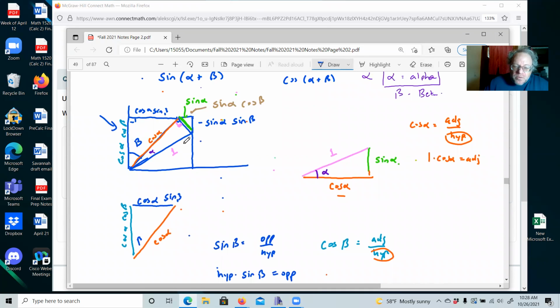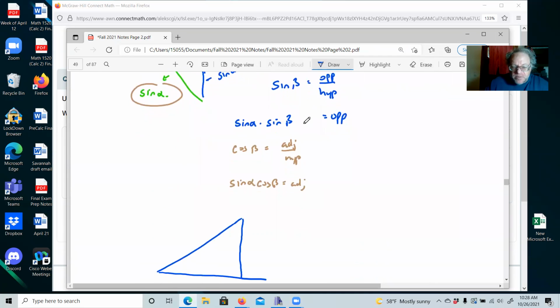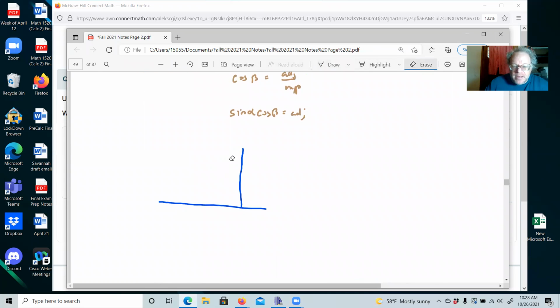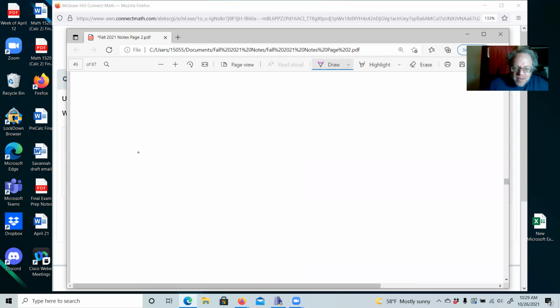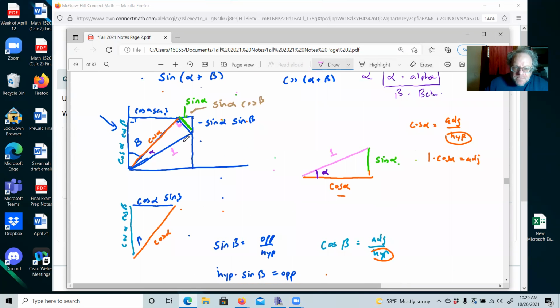So this one here, that's the pink one. So let's put that back to pink. So that's the hypotenuse. Do you remember what the length was? Pink for 1. And we don't know what these guys are yet.